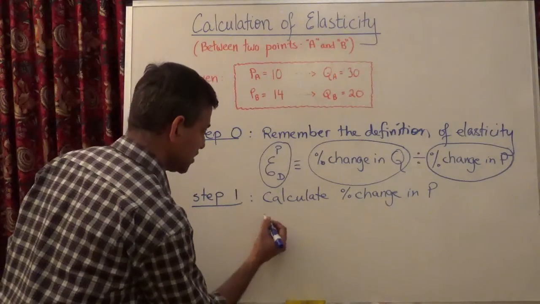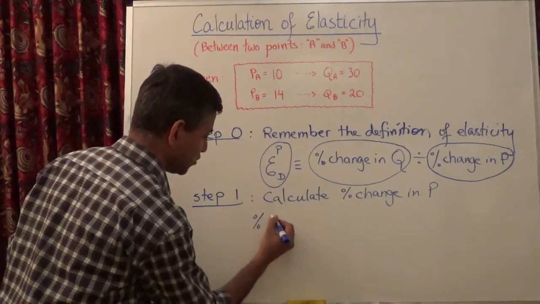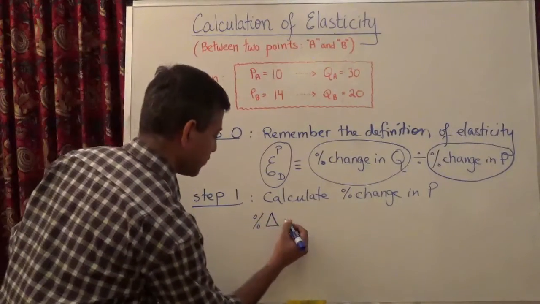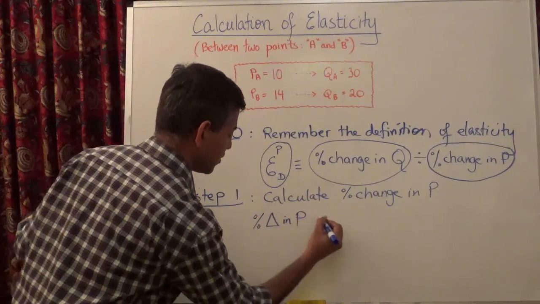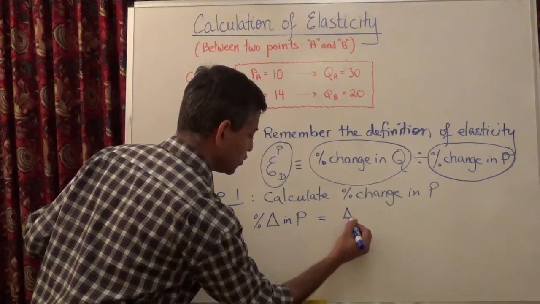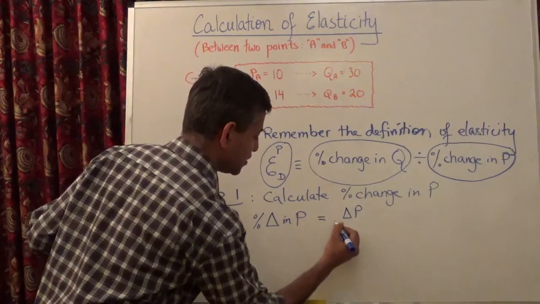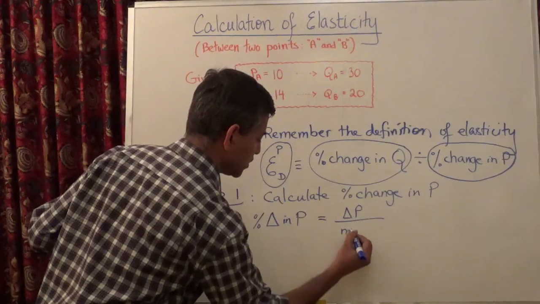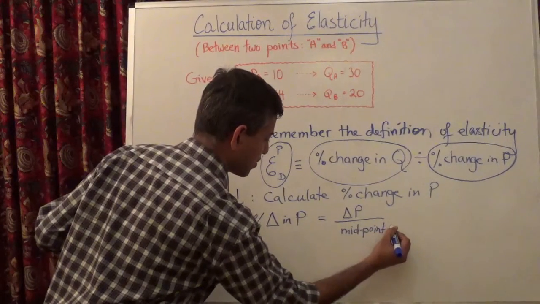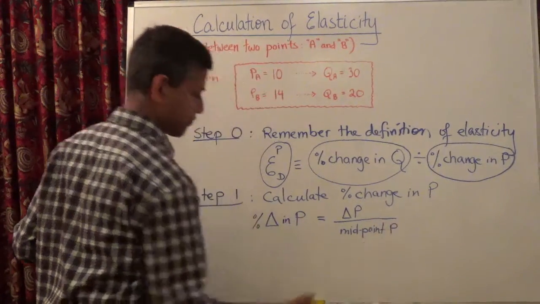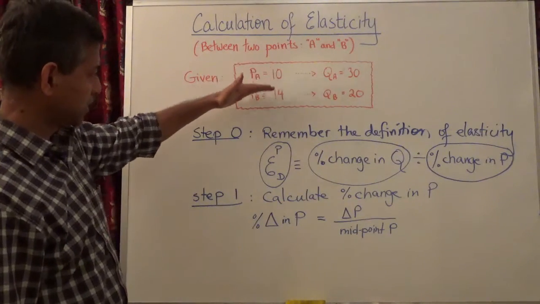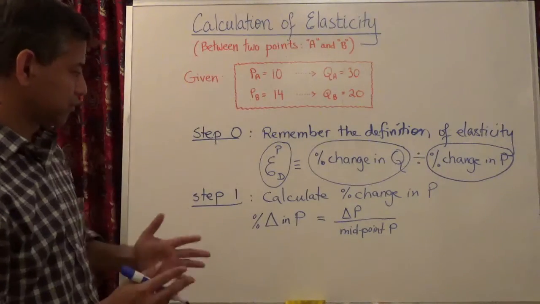So percentage change, and I'll use the delta sign for change in price, is equal to the change that we see between the two prices divided by the midpoint price. The change between the two prices, let's say between 10 and 14, here we have the difference is 4.